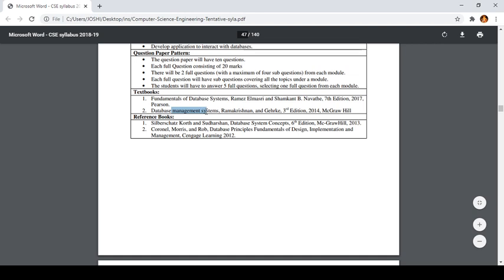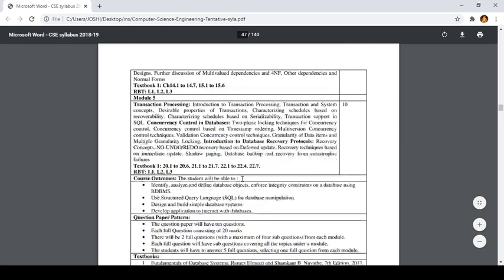The Database Management System by Ramakrishnan and Gehrke, the 3rd edition, publisher McGraw Hill. Reference books are Korth and Sudarshan, then Coronel and Morris, Rob. Database Principles: Fundamentals of Design, Implementation and Management by Cengage Learning. These are the important textbooks.